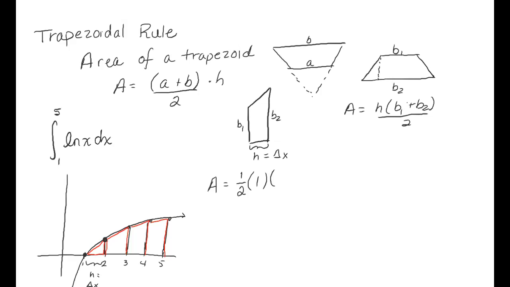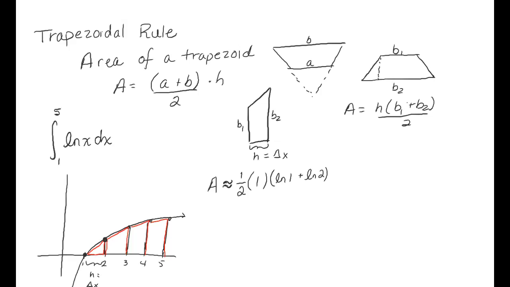So 0, which is really ln1, and ln2. And I should say is approximately equal to. And then I'm going to do that for each of my trapezoids.